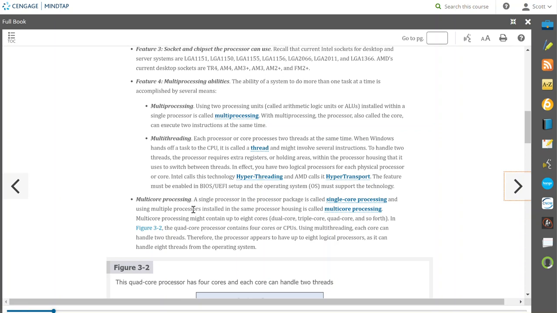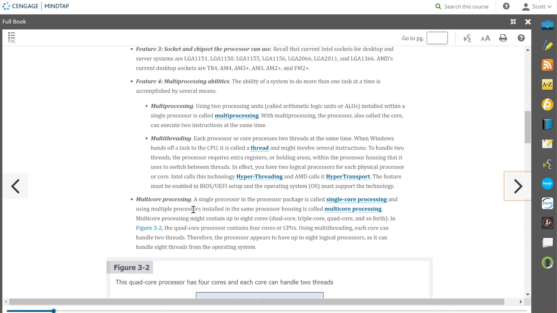Now, multi-core processing means that I have what appears to be a single processor in the package. And in it, there is just a single core.